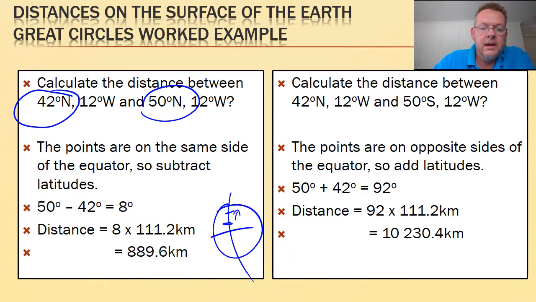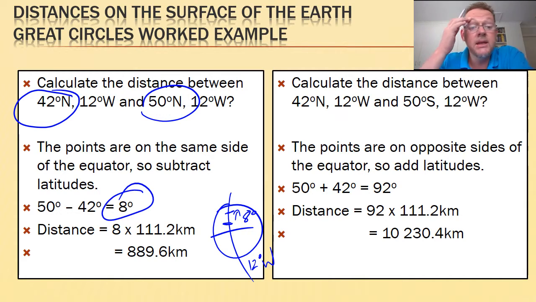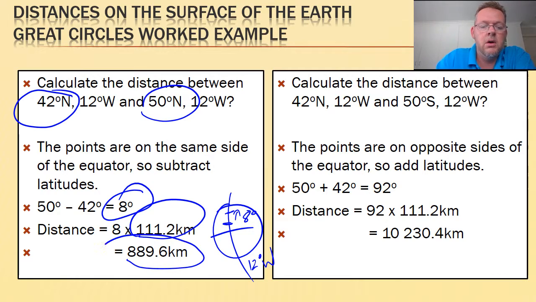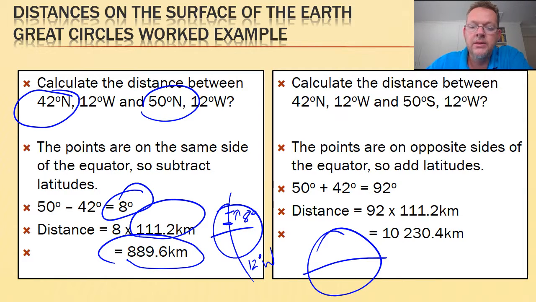So I've traveled 8 degrees up this line of longitude, which is 12 degrees west. I've traveled a total of 8 degrees. Now that's just 8 times 111.2 for a total of 889.6 kilometers.